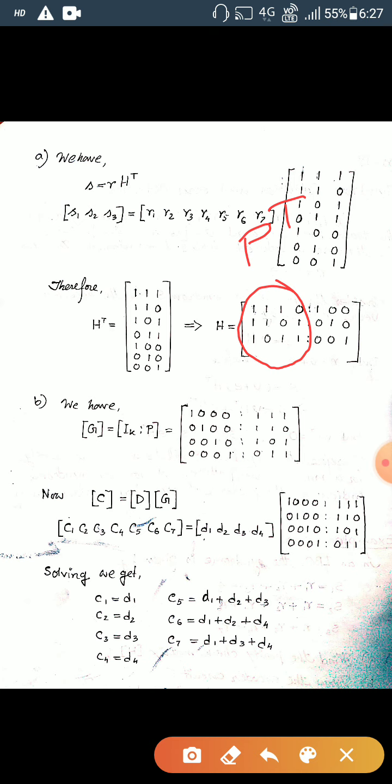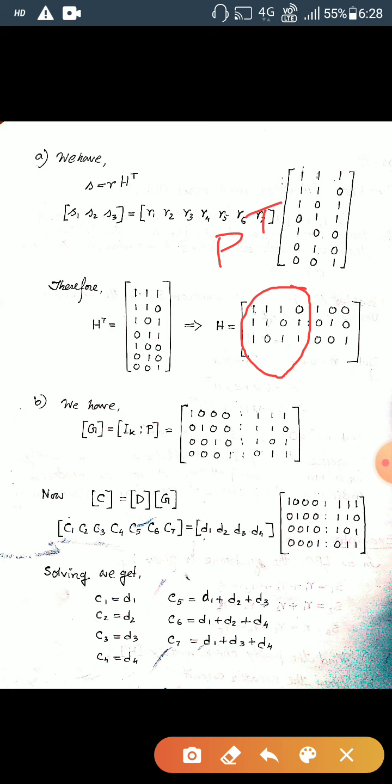If you are able to identify the P transpose, then transpose that particular matrix to get the value of P. Again, I repeat: you initially identify from this H matrix that this section is for P transpose.